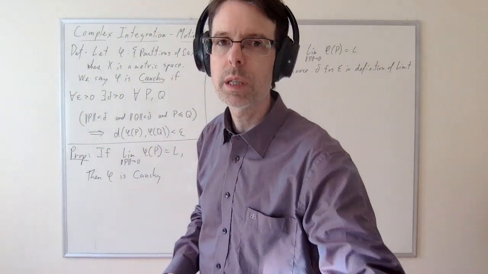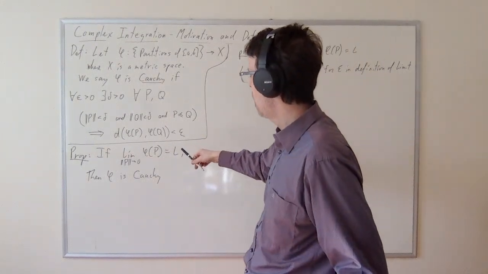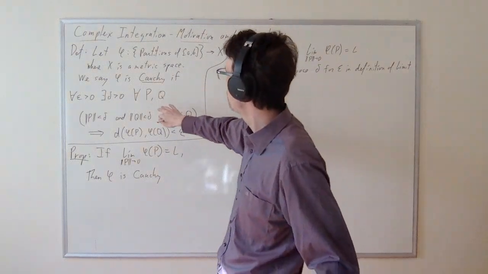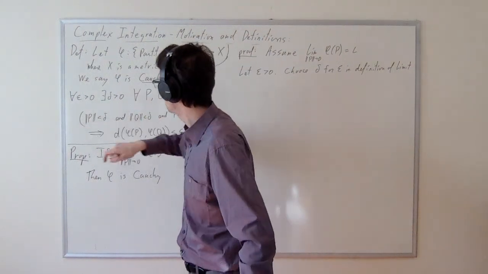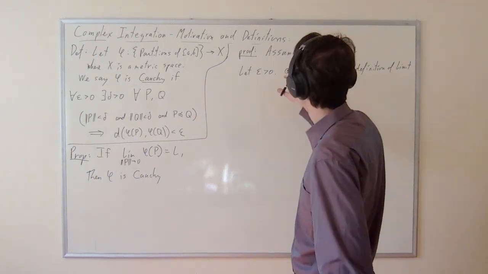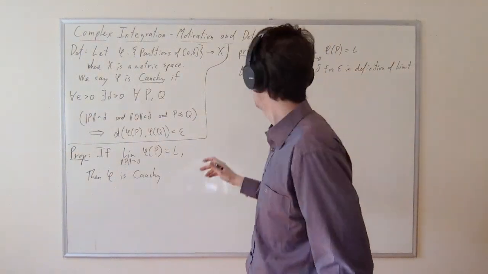So we're choosing a delta so that we can be assured that for every partition P, if its norm is less than delta, then indeed the distance from phi of P to L will be less than epsilon.